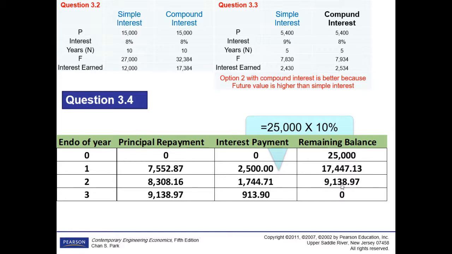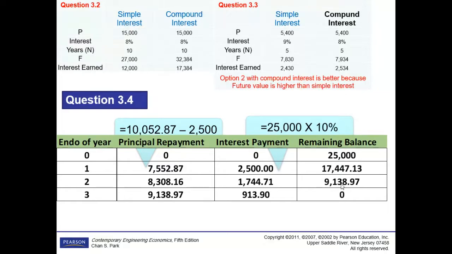Now similarly, the next item is the principal repayment, meaning out of the total amount of whatever our balance was. Remember, we are paying an installment of some amount, 10,052.87, and the principal is the installment minus the interest payment. You get 7,552.